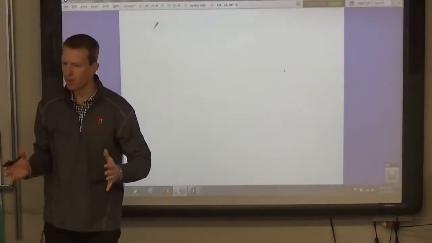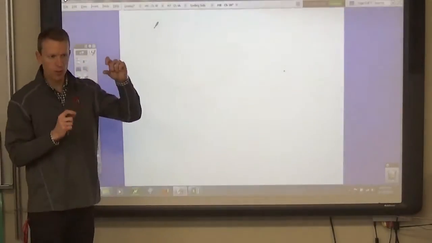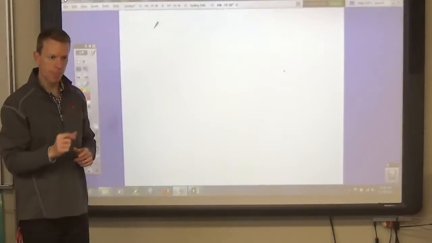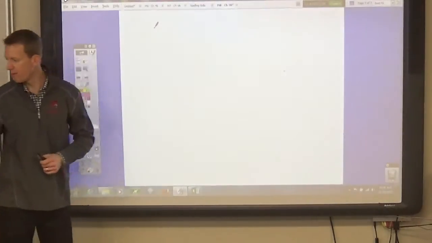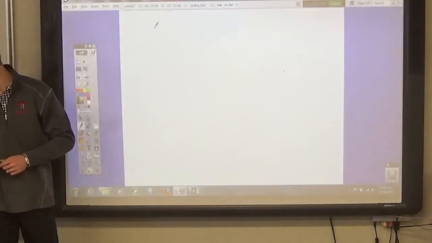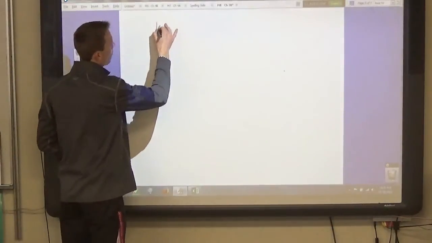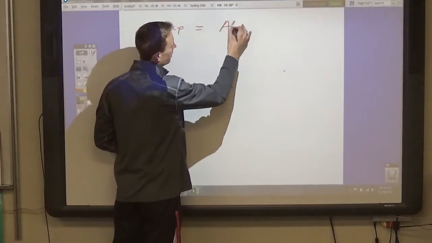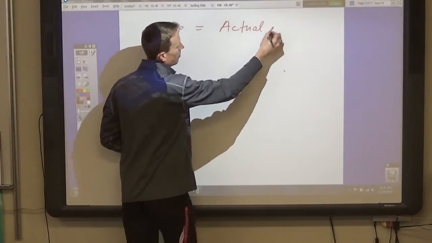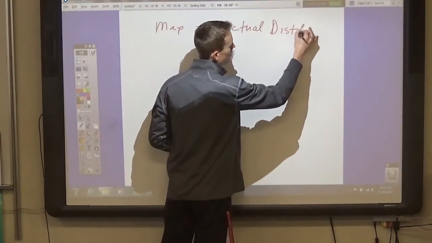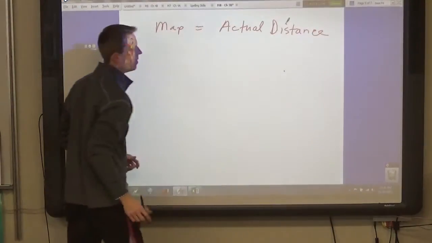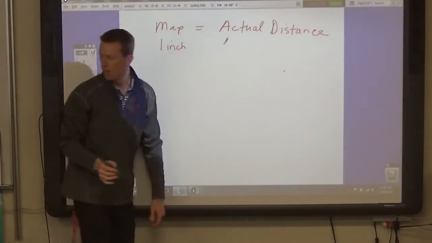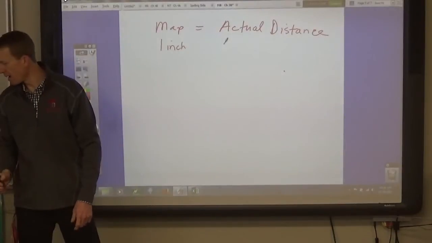When you're given a map, the map uses a scale to help you figure out what the actual distance of something is compared to the distance on the map, right? It'll give you a ratio of map distance equaling actual distance. In your book, they give you 1 inch on the map compared to 10 miles of actual distance.